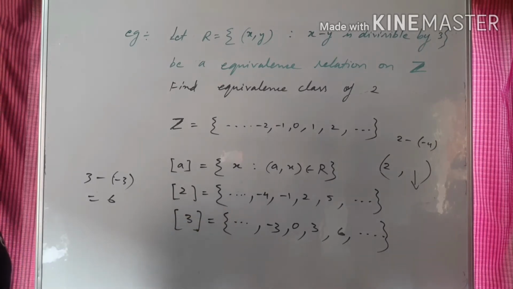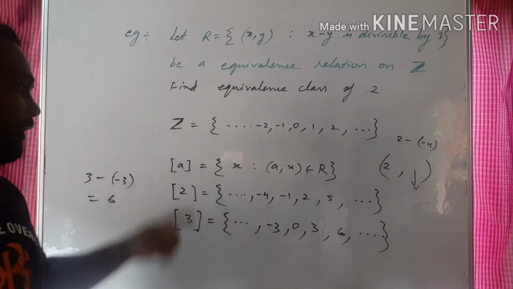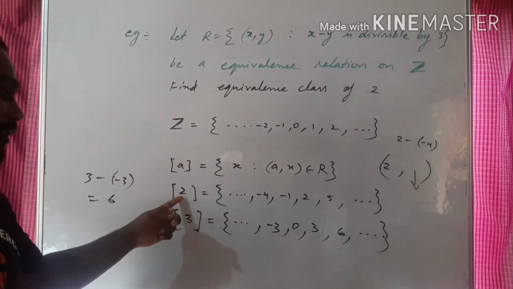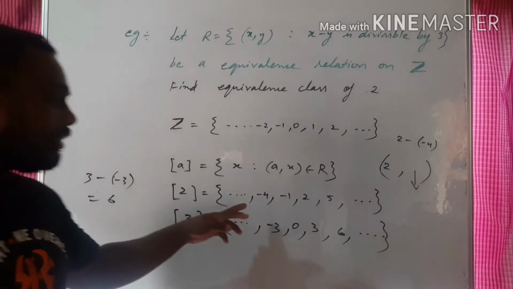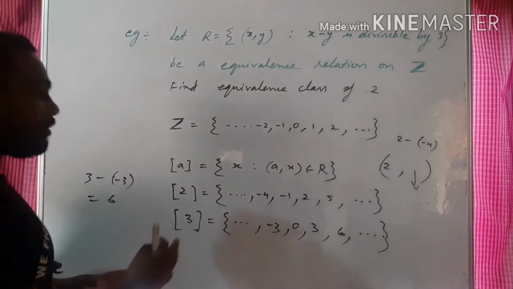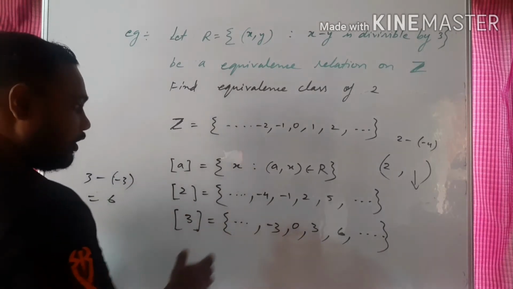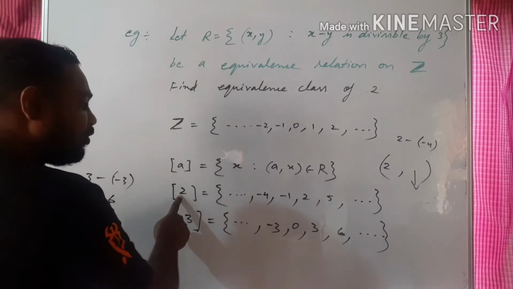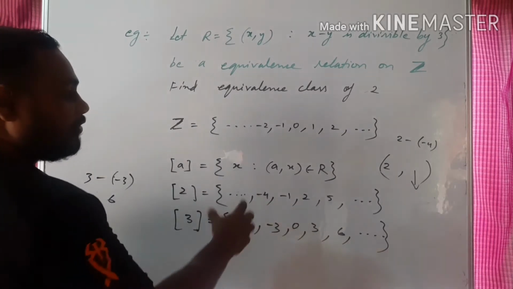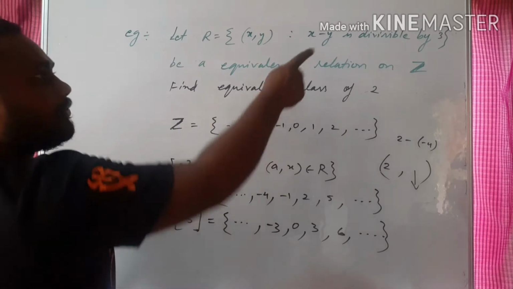Always remember that the equivalence class of an element, say 2 here, will contain elements which are related to 2. Minus 4 is related to 2 because 2 minus minus 4 gives a number which is divisible by 3.